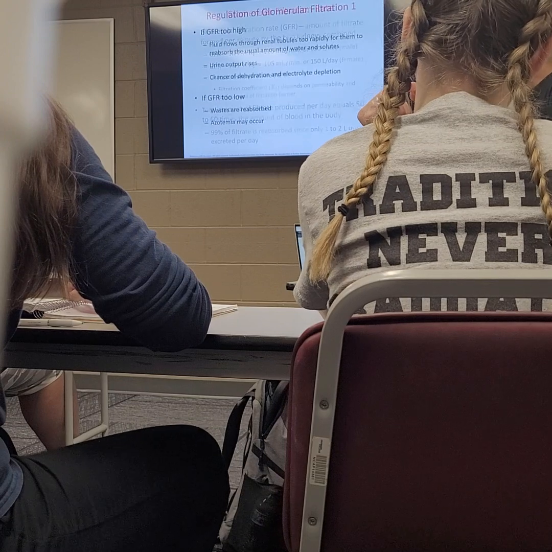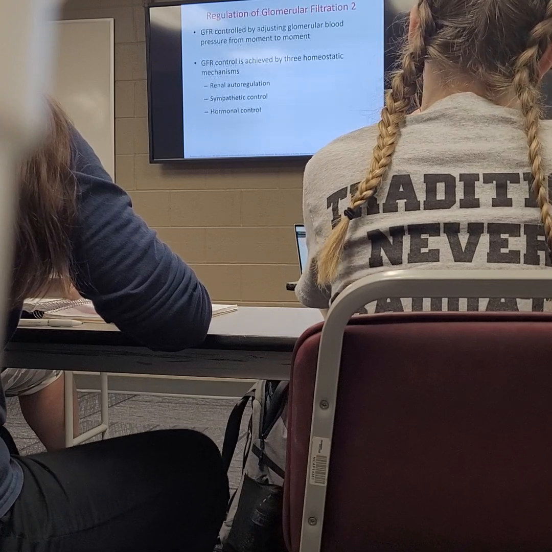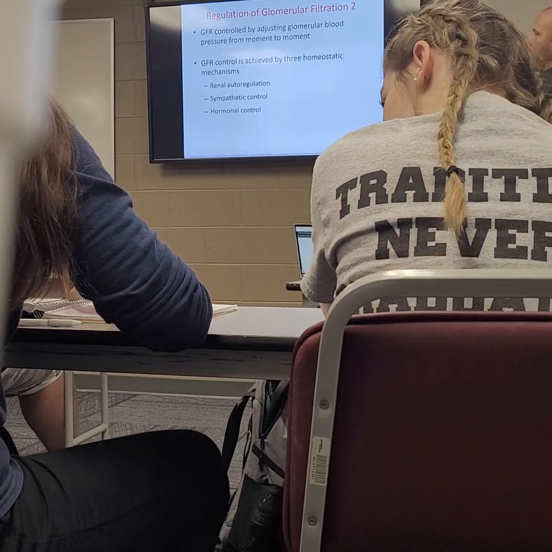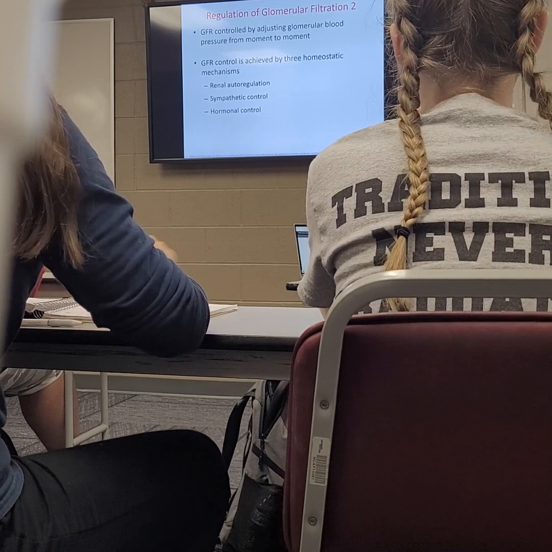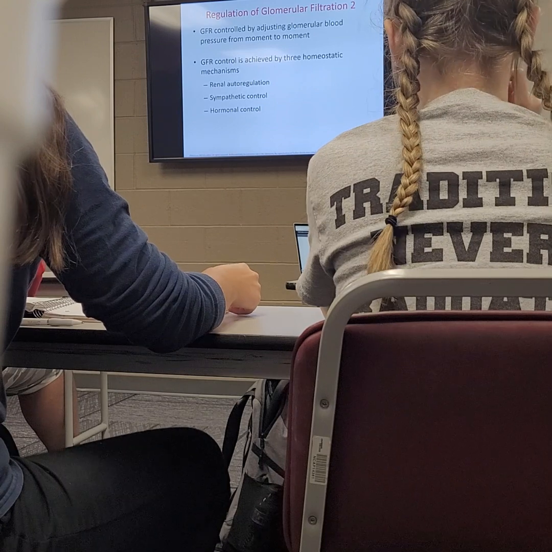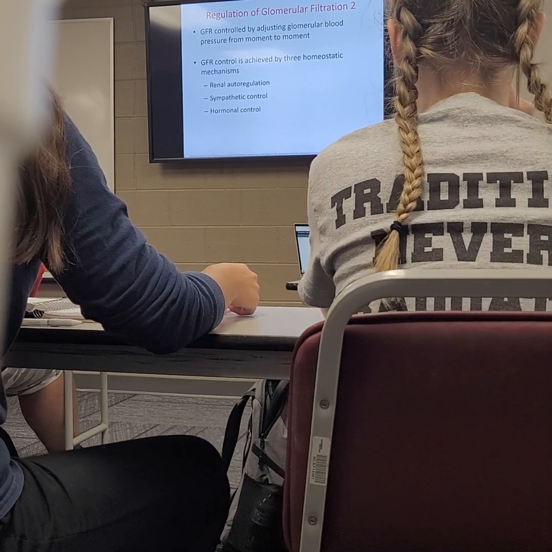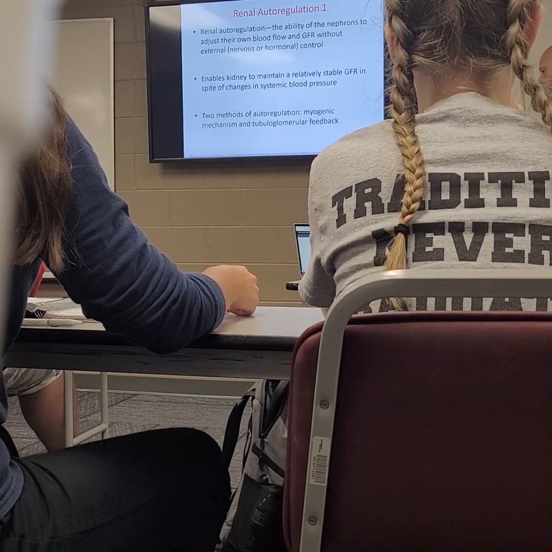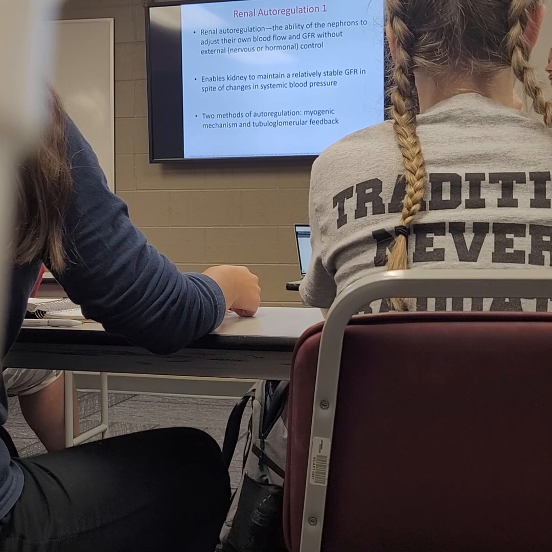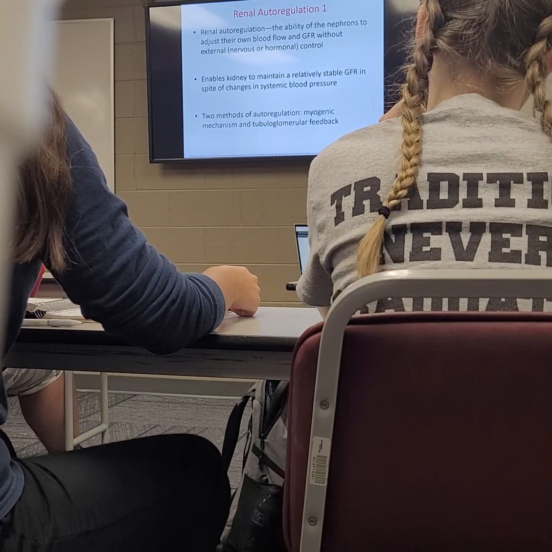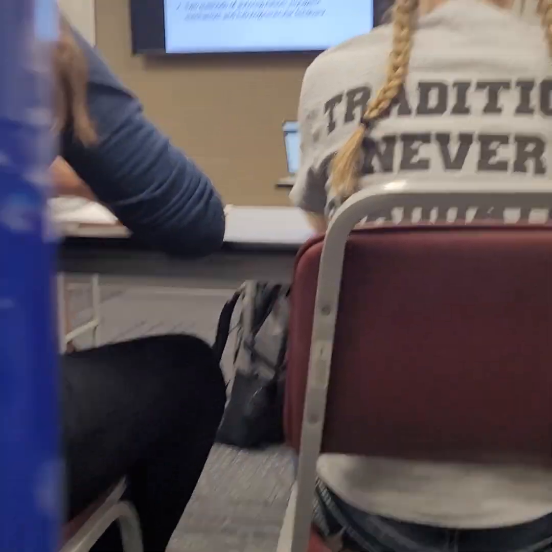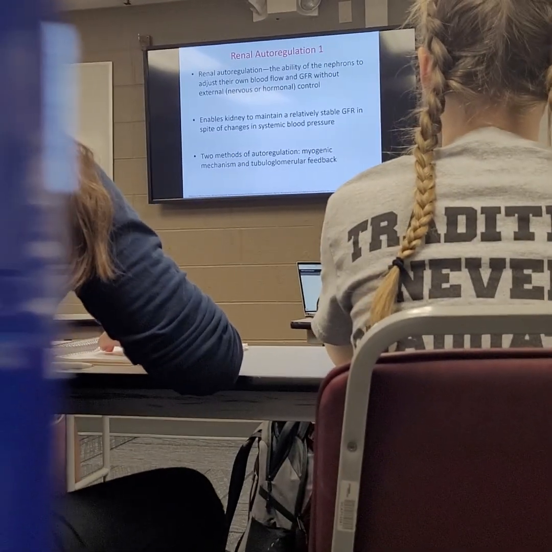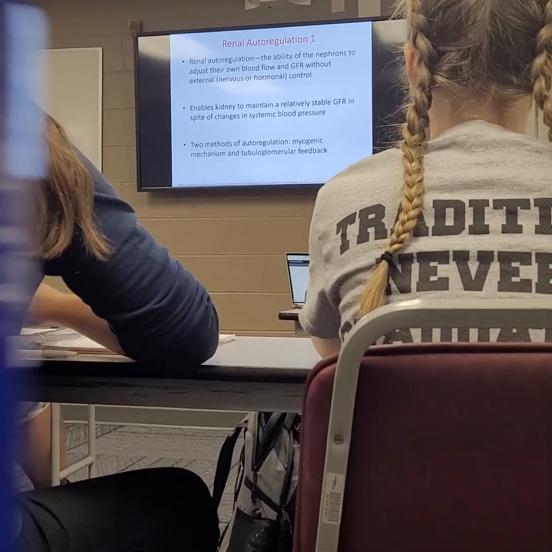So that's where we got into these different mechanisms: renal autoregulation, which is the only one that we have discussed but we haven't completed, and then sympathetic control and hormonal control. We started talking about one of the ways by which we control the filtration rate, which is by simply constricting or relaxing the afferent arteriole.